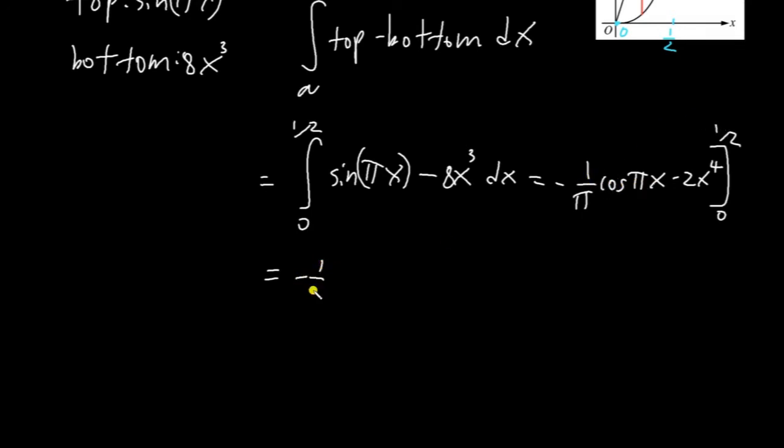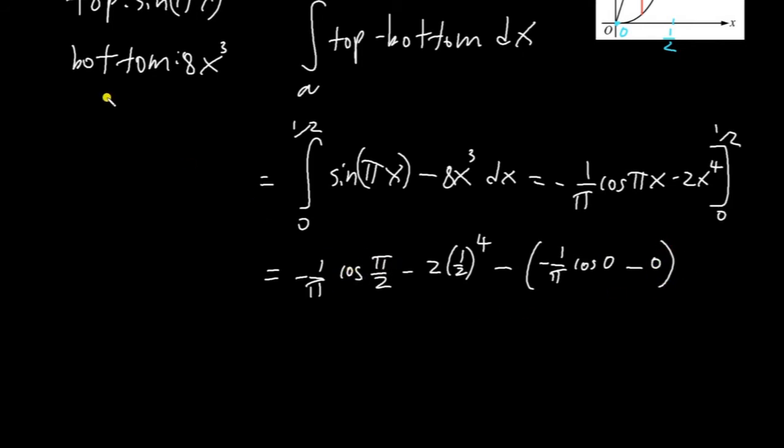If we do that out, we plug in 1/2 and get negative 1 over pi times the cosine of pi over 2, minus 2 times 1/2 to the 4th, minus negative 1 over pi cosine of 0 minus 0. Cosine of pi over 2 is 0, so I can ignore this part, and this is 0, so I can ignore this part.